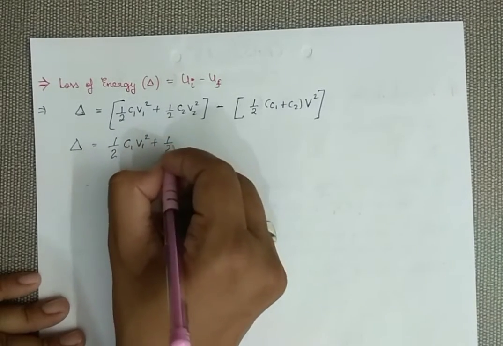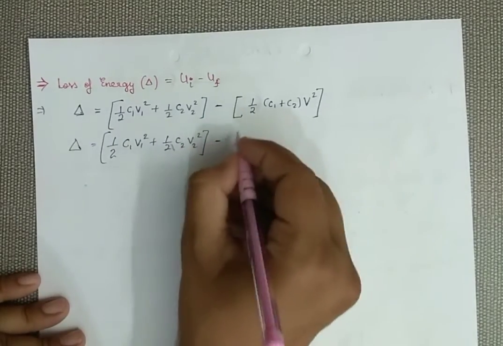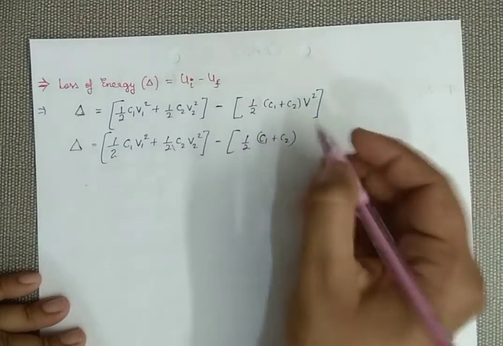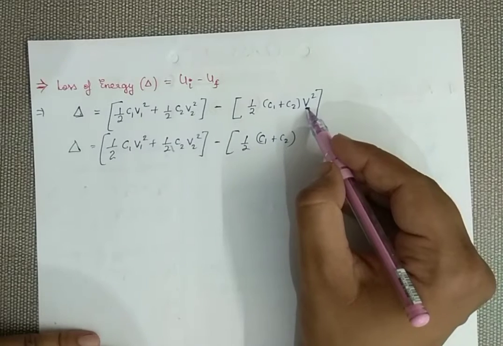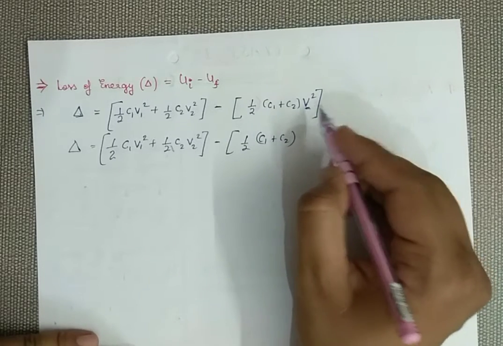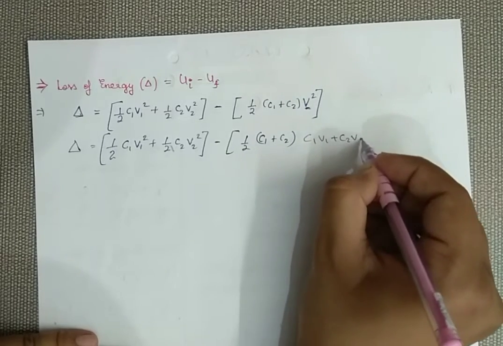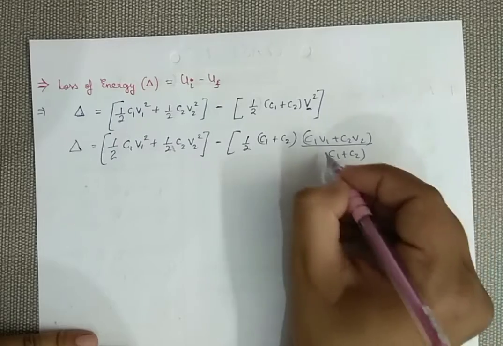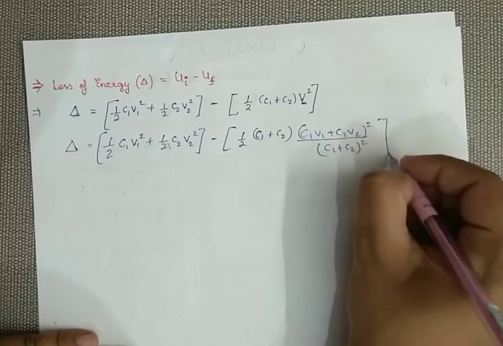So now what we have to do? Just substitute the value. Look at it carefully. I am going to substitute the value of this V. This V is your common potential, and just remember the value of common potential is C1 V1 plus C2 V2 upon C1 plus C2. This is the value for common potential and the square is there, so we have to mention the square here.